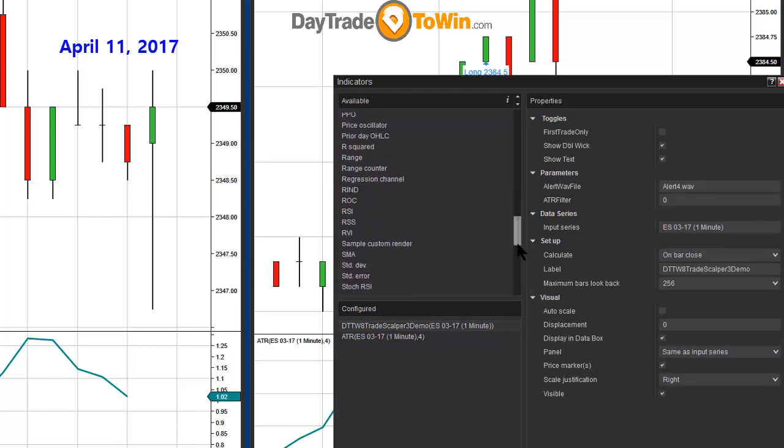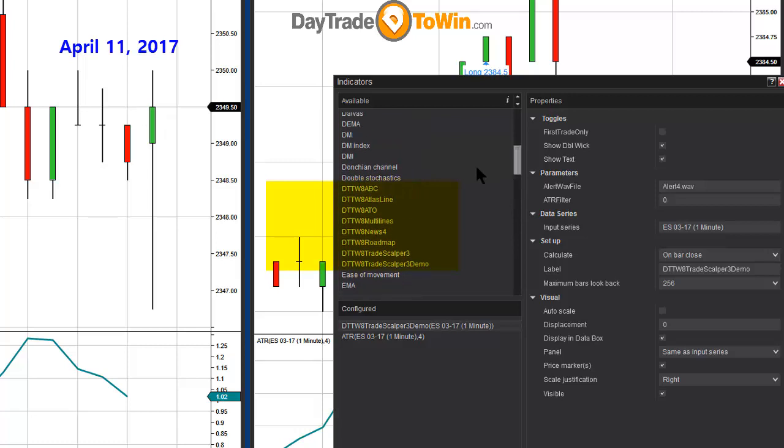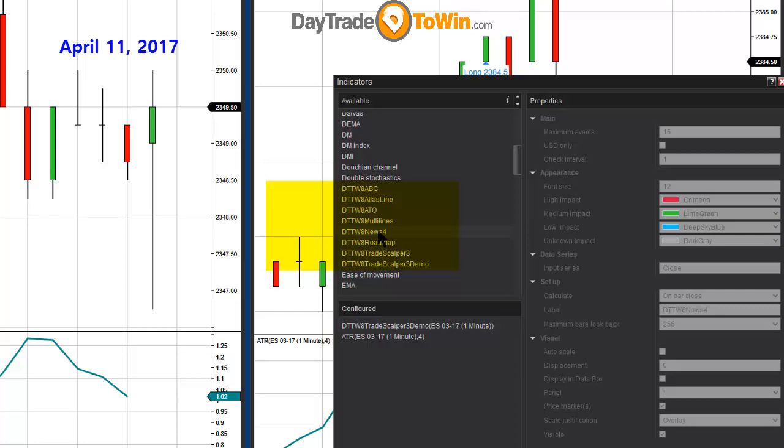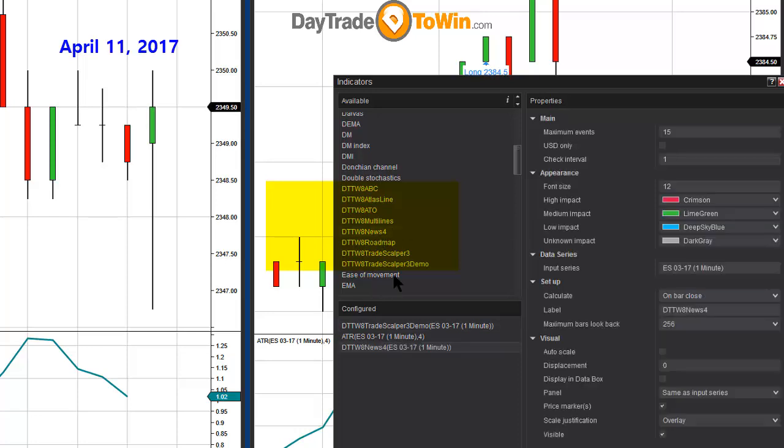Now I've organized this a little bit differently, and the DayTradeToWin indicators are all grouped together. So I have here the ABC, I have the Atlas line, the at the open, the multi-lines, the news indicator, which I'll add here to the chart, the roadmap, mentorship, and the trade scalper.